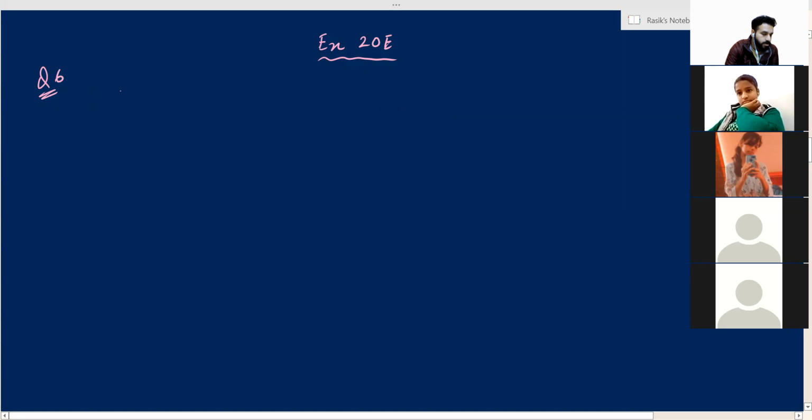So let the circumference be C and the diameter be D. So we can say that it is given in the question, the circumference of a circle exceeds its diameter by 30 centimeters.